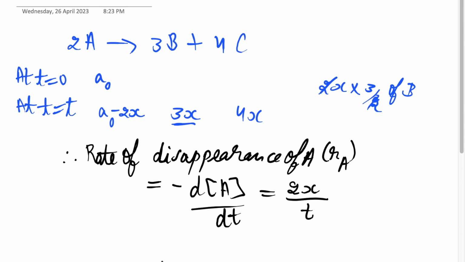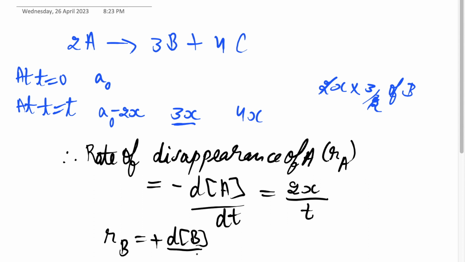So 2x by t. Similarly, RB is given by plus dB by dt, as this product B is being formed, so its concentration is increasing over time. The plus sign denotes that.